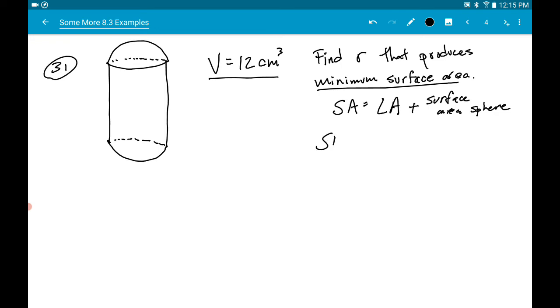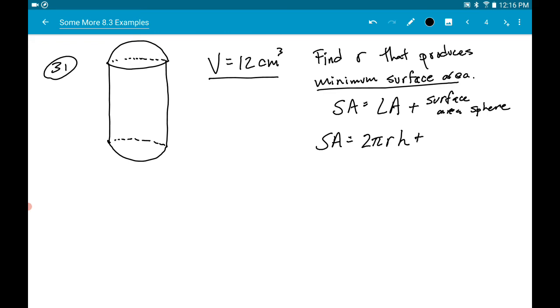So what's it going to look like? The lateral surface area is 2 pi r times h. That's circumference times the height. When you cut it and open it up, it kind of forms a rectangle.